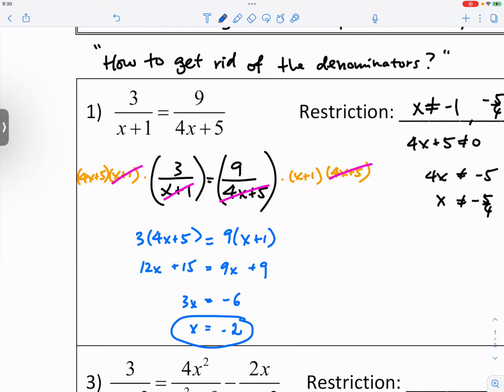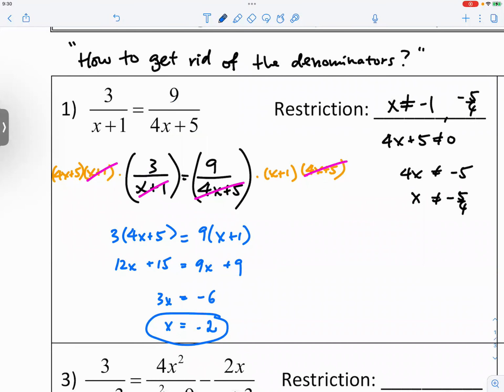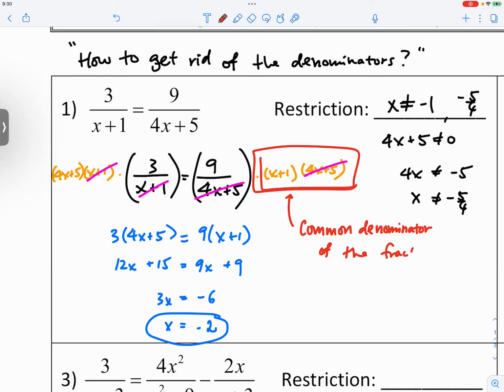All right, so this is the theme for today. Okay, how do we get rid of the denominators? Now, also what I want to highlight here is this. The thing that we multiply on both sides is actually the common denominator of the fractions.